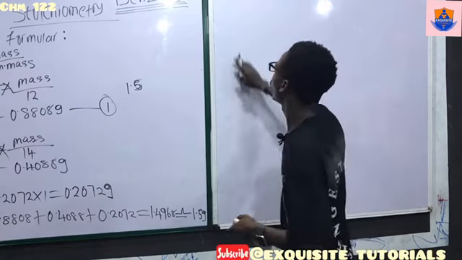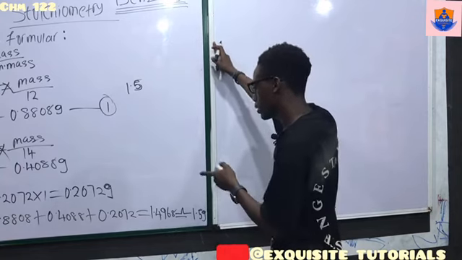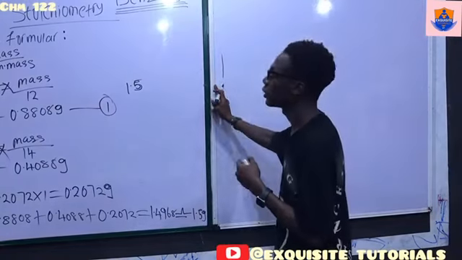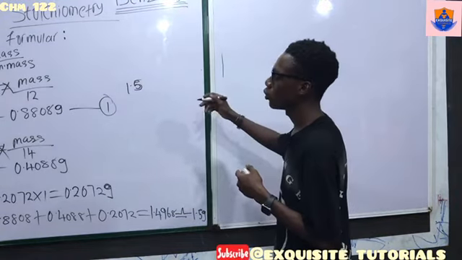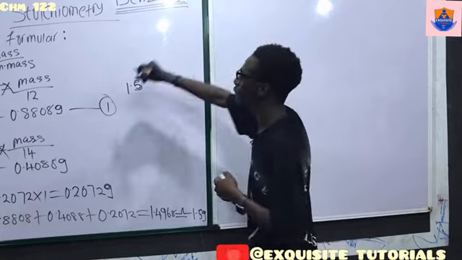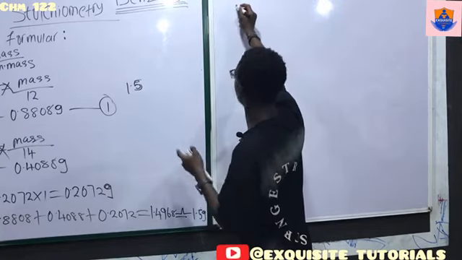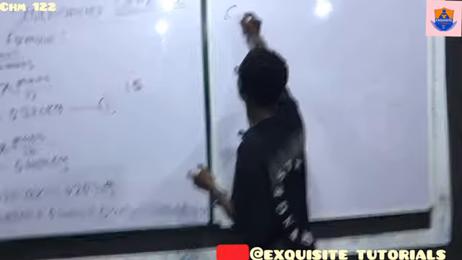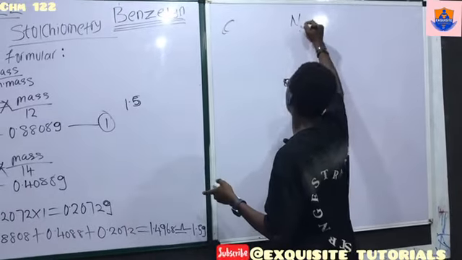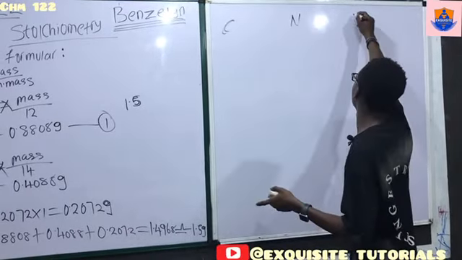We're not working on mass, we're working on mole to discover the empirical formula. So we're going to be using the mole and not the mass. So now we have here carbon, nitrogen, then hydrogen.